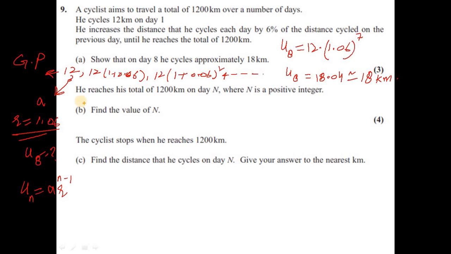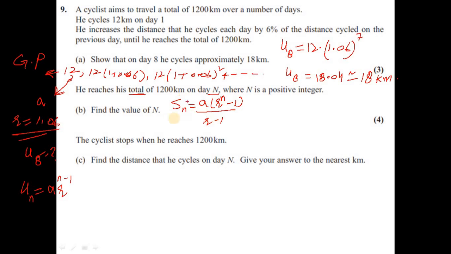Okay, next, he reaches his total of 1200 kilometer on day n, where n is a positive integer. Find the value of n. So it reaches a total of, so total means sum. That means you need to figure out the n. For geometric series, sum Sn is a times r to the n minus 1 divided by r minus 1.